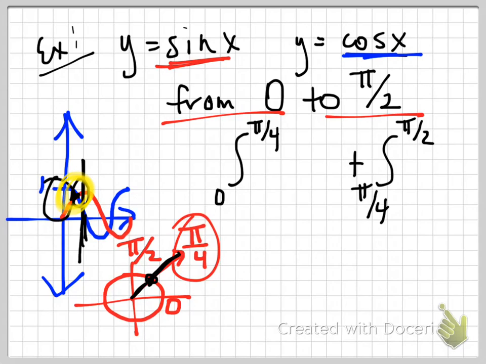Okay, so from 0 to pi over 4, the blue curve is the top curve, so cosine is above sine. And for pi over 4 to pi over 2, the red one is above, so we're going to have sine minus cosine. Barely squeezed that in there.